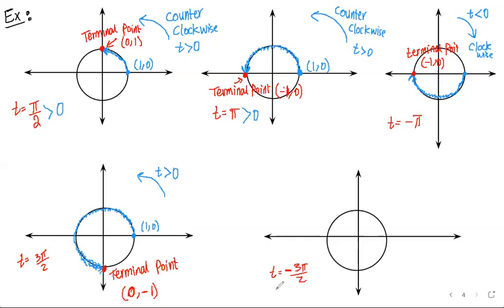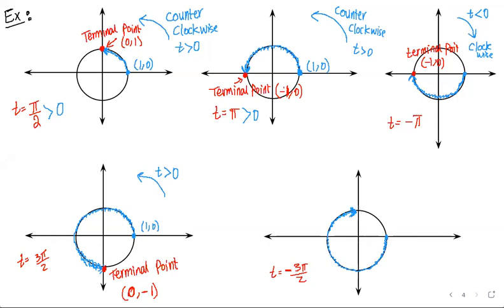For this one, what does the negative mean? Clockwise. So starting from this point, moving clockwise for distance 3 pi over 2 is up to here.